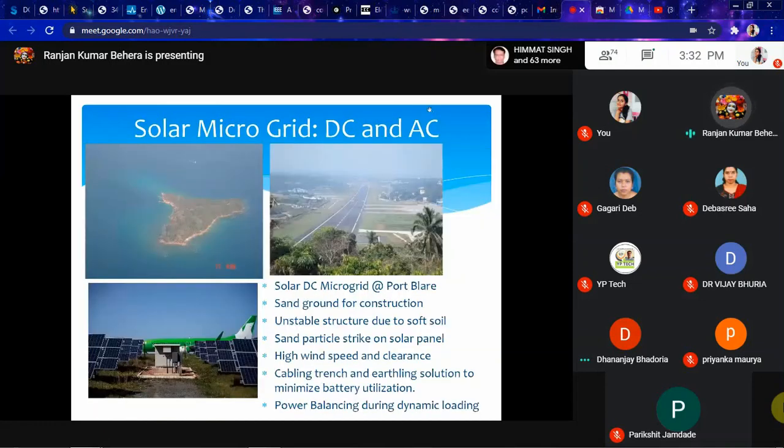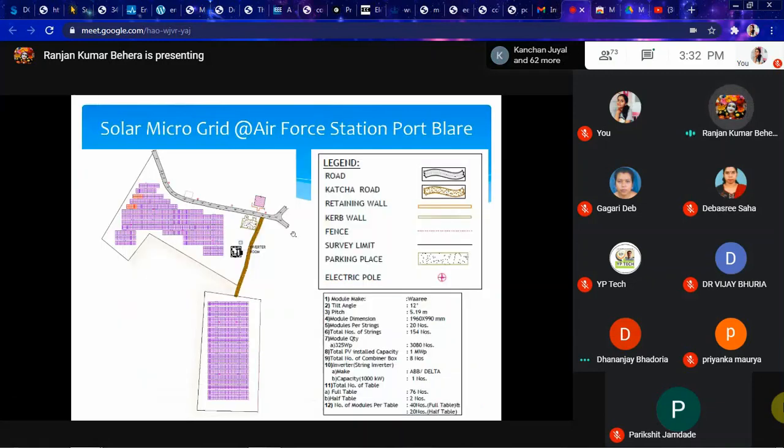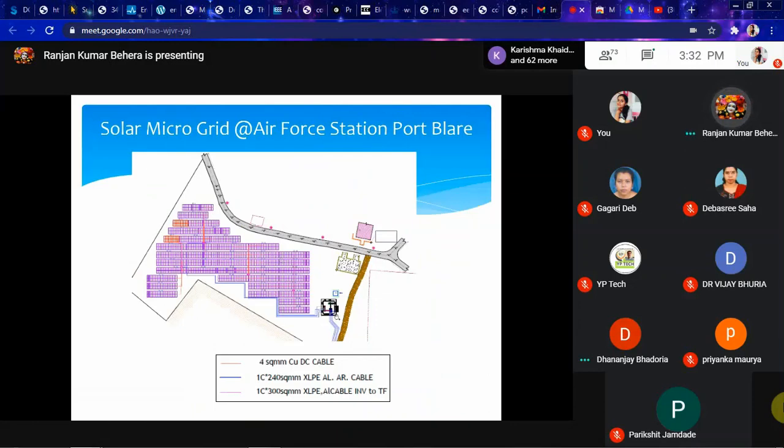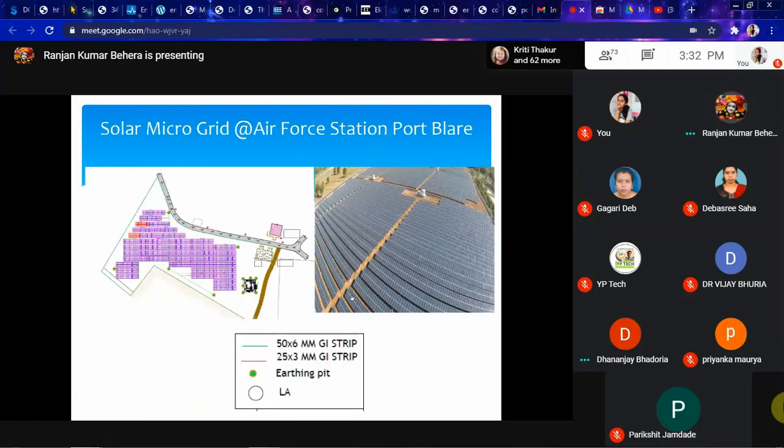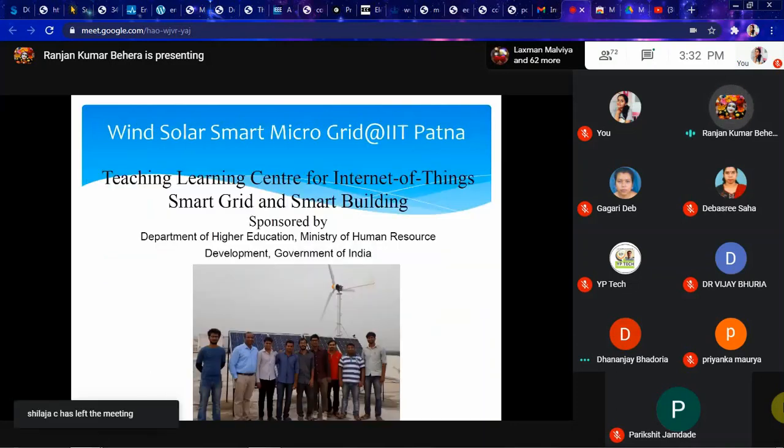Then there was another project with Port Blair, where we installed a 1 megawatt solar plant. And this is the complete Port Blair design, layout, design, everything. And this is the cabling of Port Blair. And then this is installed there.